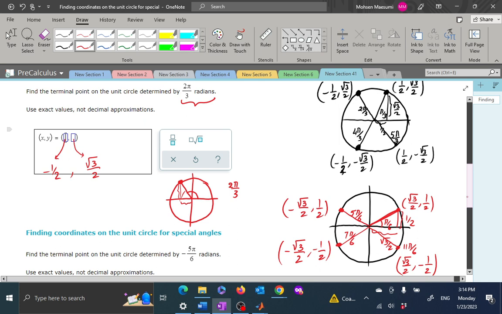How can you make your life a little bit simpler? Let's remember the following. There are essentially two triangles you remember. This is radical 2 over 2 and radical 2 over 2, and this is of course 1. That is for pi over 4. The other one, pi over 6 and pi over 3: this is 1, this is 1/2, this is radical 3 over 2.